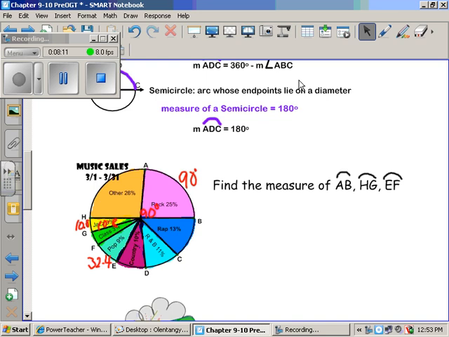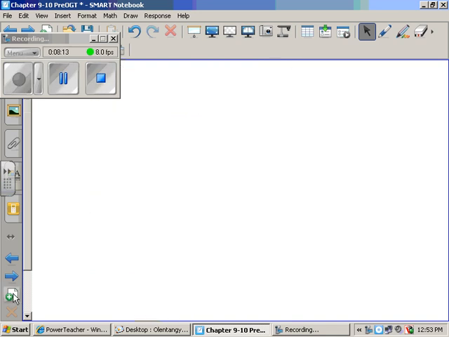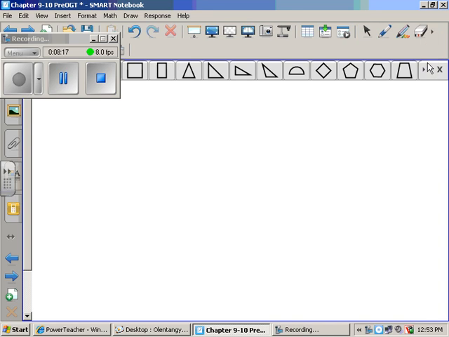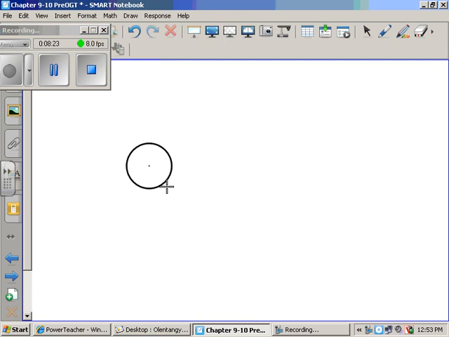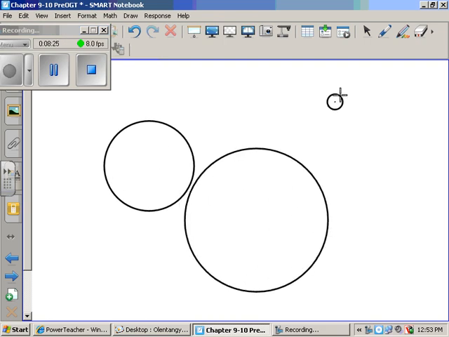Okay? Now, for inscribed angles, if you think about it, they have a lot longer to go before they hit the side, right?